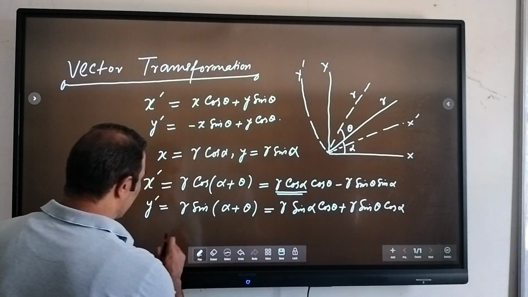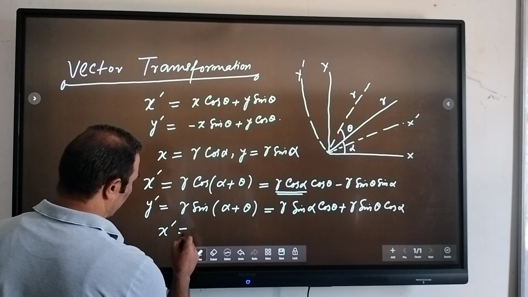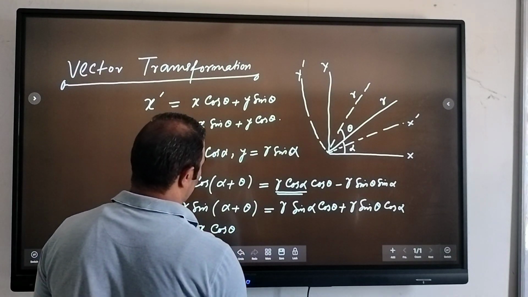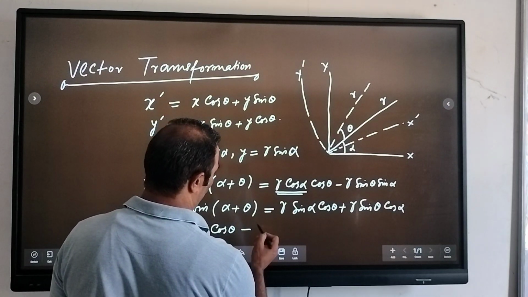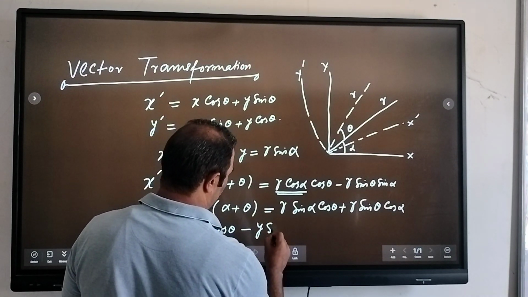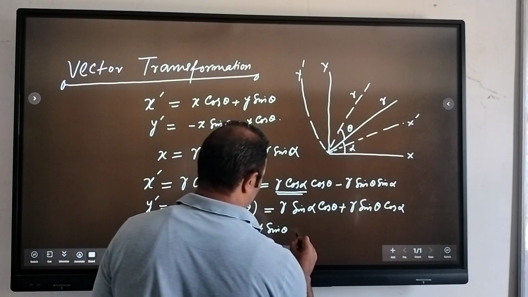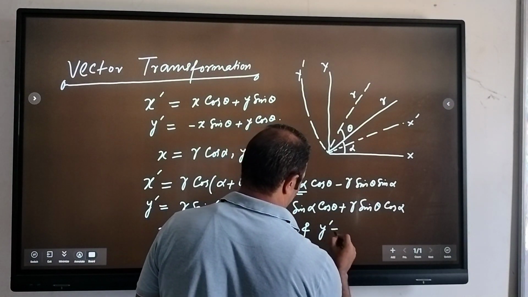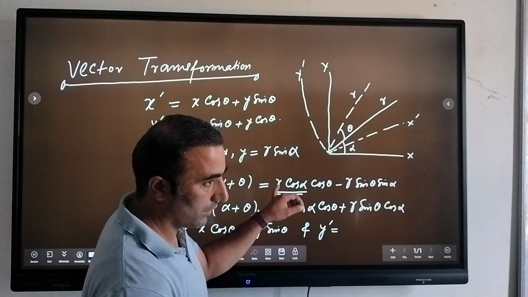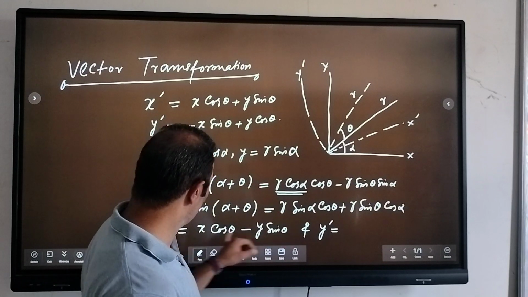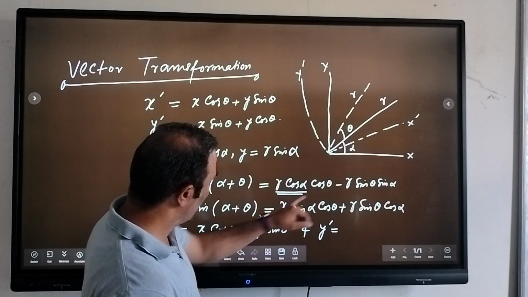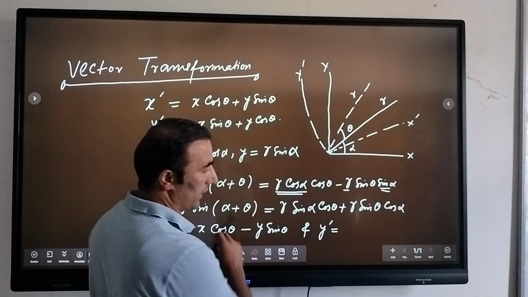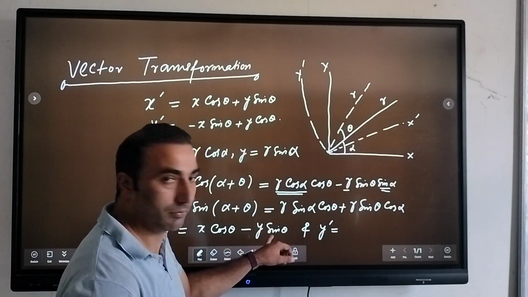So if I rewrite this equation, x prime will be equal to x cos theta minus y sin theta, because r cos alpha is x, so this is x cos theta, and r sin alpha equals y, so this is minus y sin theta.